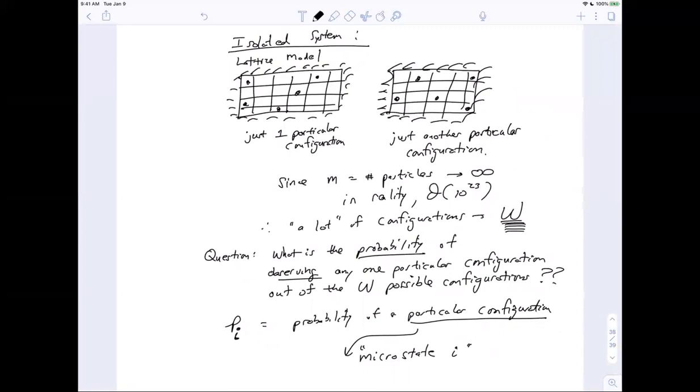What would be a way to express the probability of finding that configuration out of all the many? It would be 0. Why do you think it's 0? If probability is 0, that means it doesn't exist. But this is something that exists.